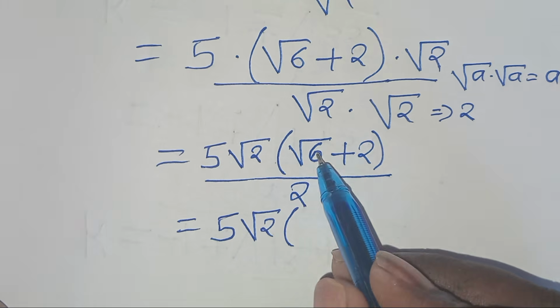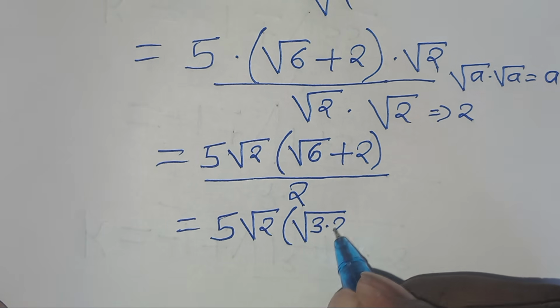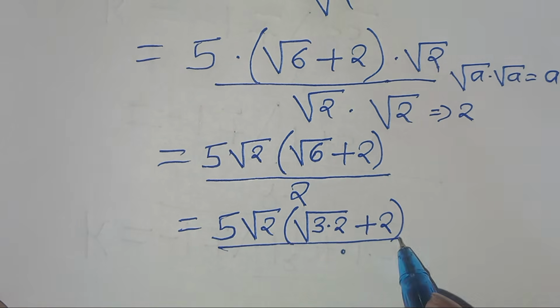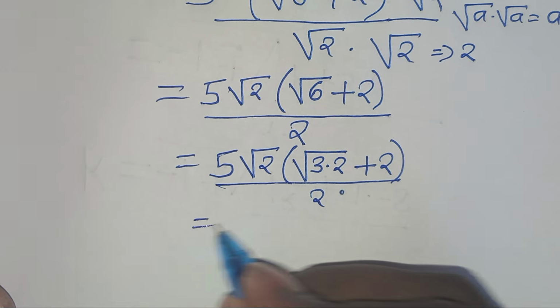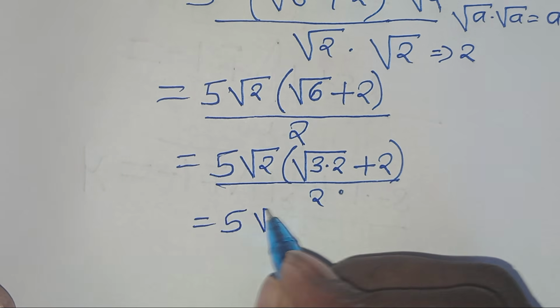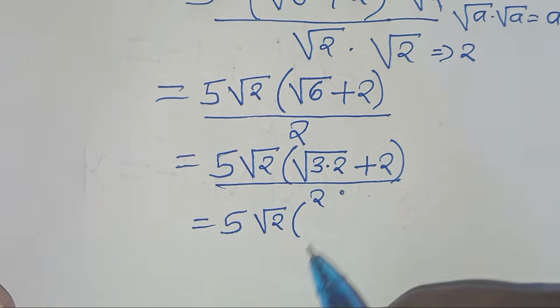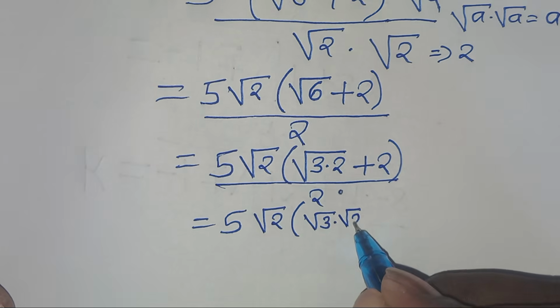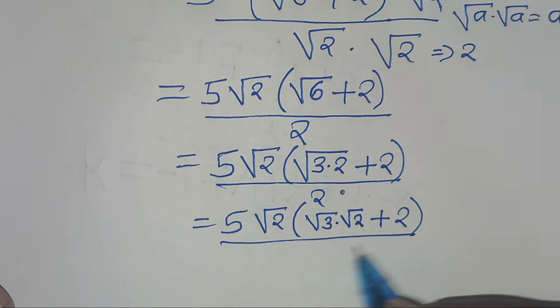We can express square root of 6 as root 3 times 2, then plus 2, everything here divided by 2. Now, this is the same thing as 5 root 2 into the parentheses, square root of 3 times 2, which is the same thing as root 3 times root 2, then plus 2, then divided by 2.